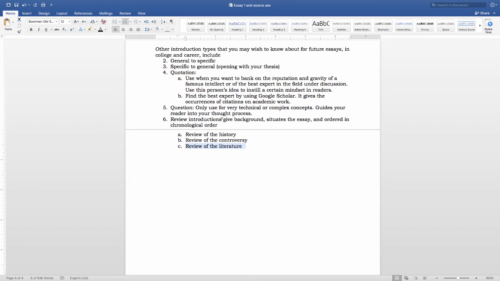And lastly, the review introduction that's called a review of the literature is the most common type of introduction for papers in the social sciences, papers on society, papers on psychology, papers on anthropology, papers on criminal justice, papers on child development, papers on education. Very often those begin with an introduction that reviews the literature.